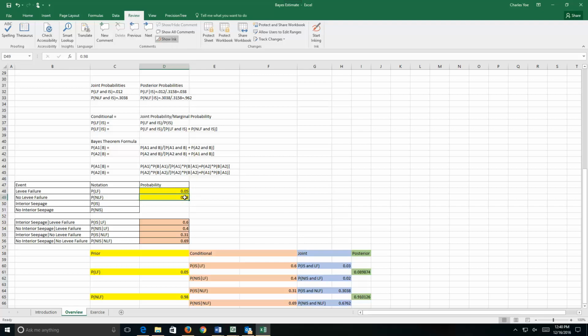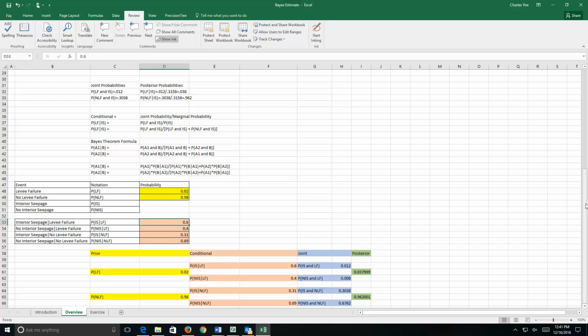We have to make sure that we obey the complementary law of probability. 0.95, and you can see how the values change here. The probability of levee failure is revised from a 5% chance to a 9% chance. So it gives you an opportunity to play around with the numbers some. If you prefer, you can change any of these values as well.